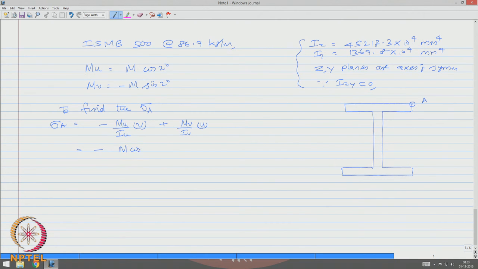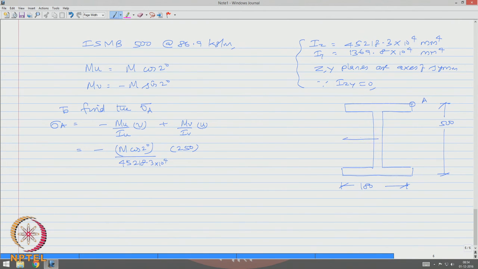So, M cos 2 degrees, that is MU, and IU is the same as IZ because they are principal axes of inertia, 45218.3 into 10 power 4. Let us assume that M is in Newton millimeter and V is 250 because this section is 500 and this distance is 180.